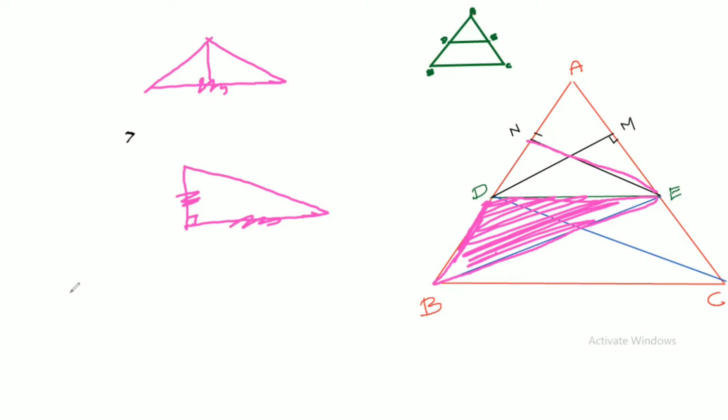If the triangle is like this, we take this as base, but for height we extend and draw a perpendicular, 90-degree line, and take that as height. In the same manner, this base is from here to here, but this height is this line. I hope you understood this.